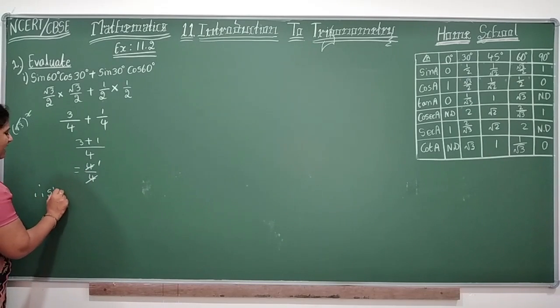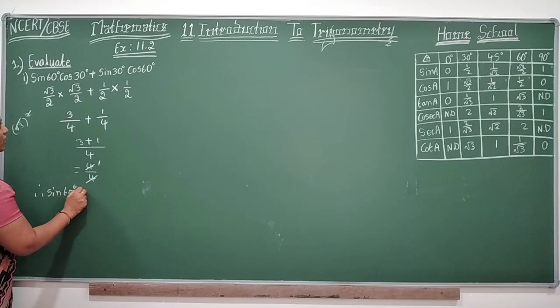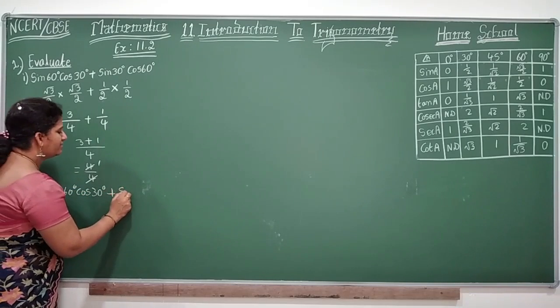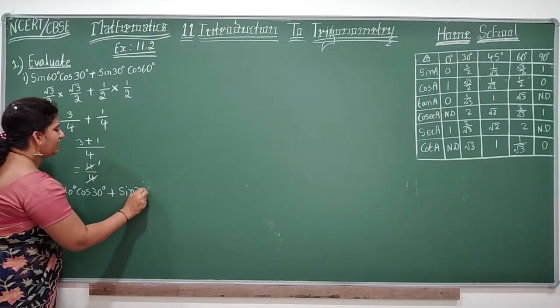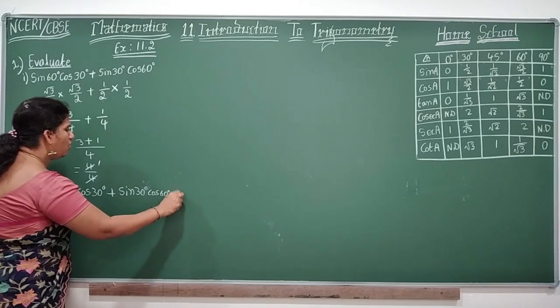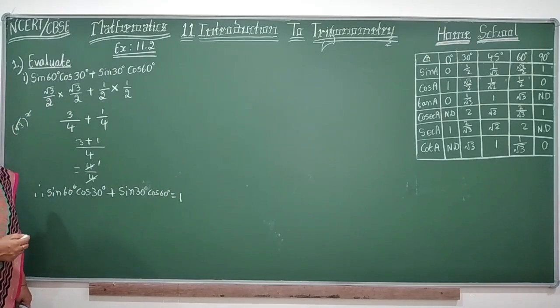Therefore sine 60 degree cos 30 degree plus sine 30 degree cos 60 degree is equal to 1. So you found this value as 1.